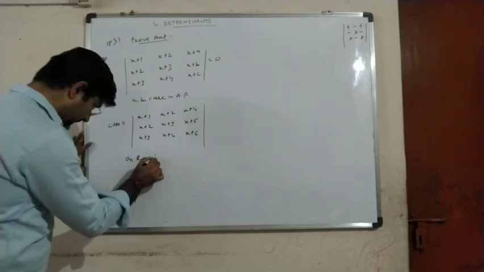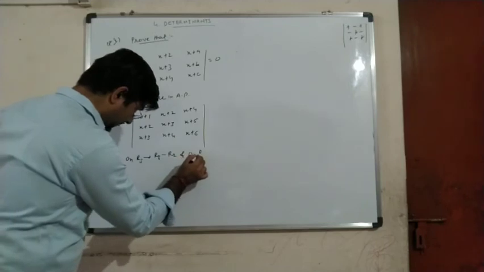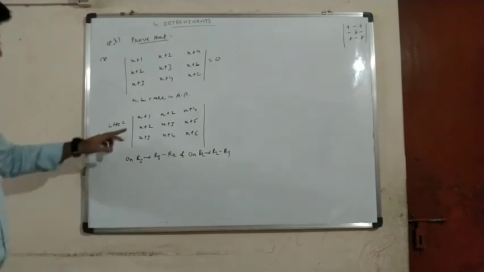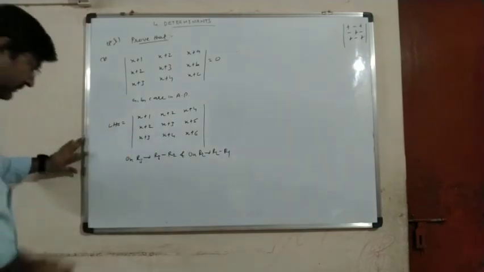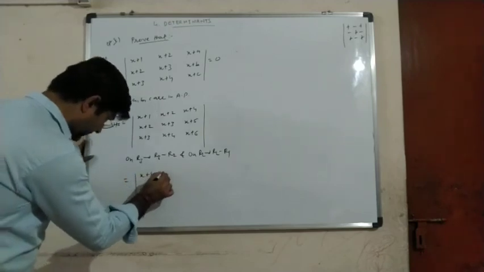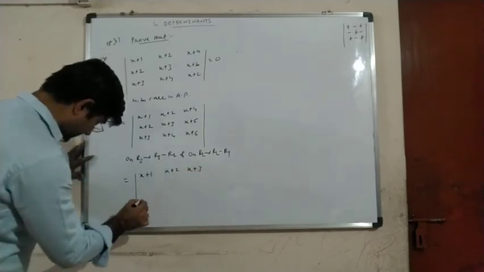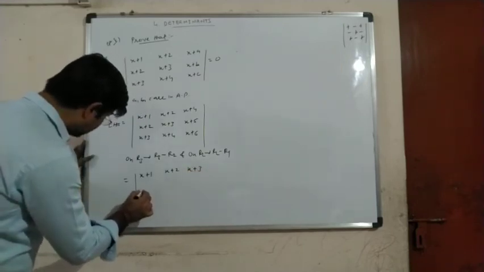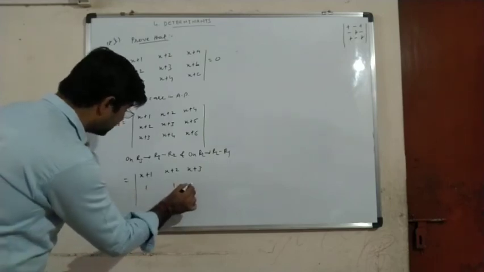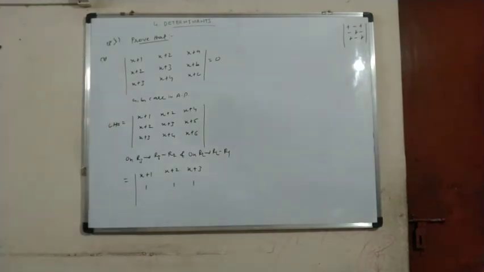On R3 minus R2 and on R2 minus R1. I am subtracting second from third and first from second. So we will get over here first row no change. Yes or no? Then here, subtracting R2 minus R1, we get 1 and 1.